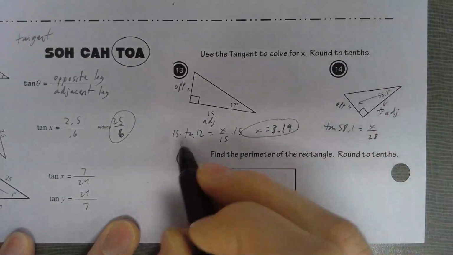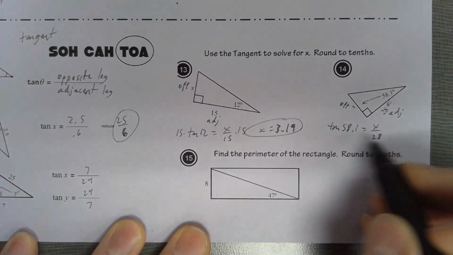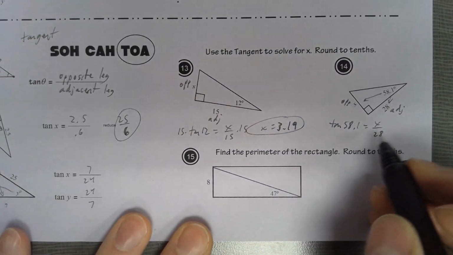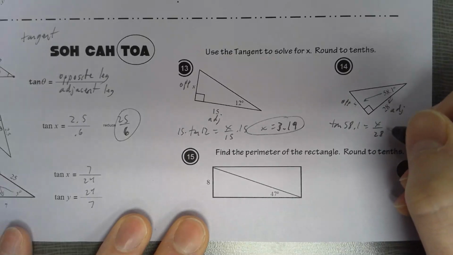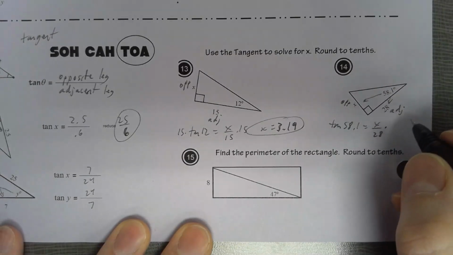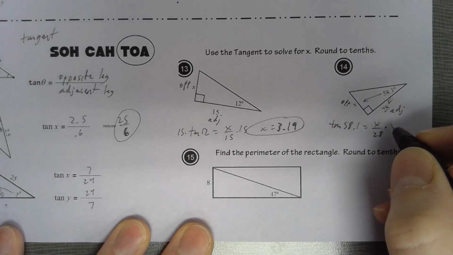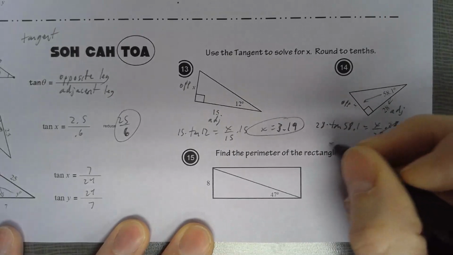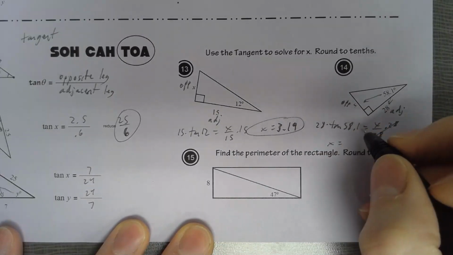And notice in both of these, we had the x on top, and that's usually the easiest way to solve, when we have the x on top. So this kind of worked out nicely for us. We're going to multiply both sides by 28. So x is 28 times the tangent of 58.1.